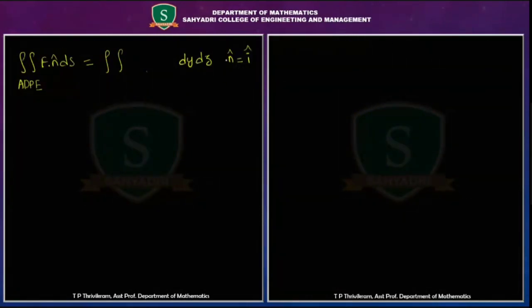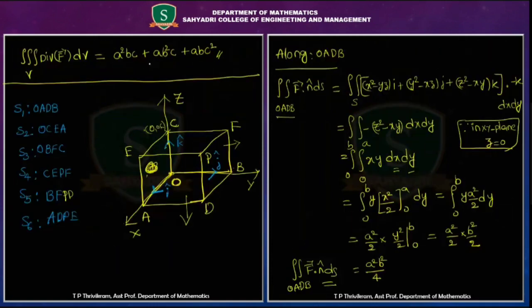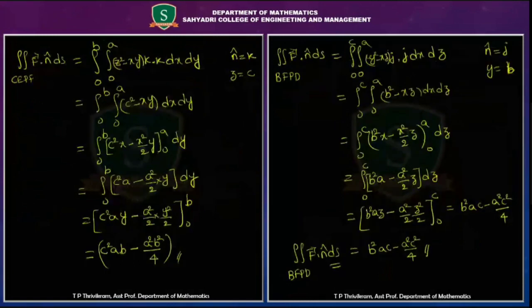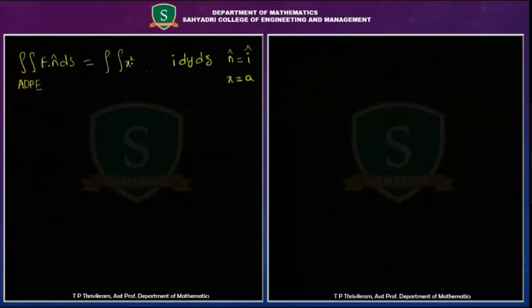Okay. Next, x value will be how much? X value will be a here. Okay. So taking n cap equal to i, x equal to a, you have to write the i term here. Okay. So what is the i term here? X square minus yz into i dot i. So limits are from 0 to b here, 0 to c here.